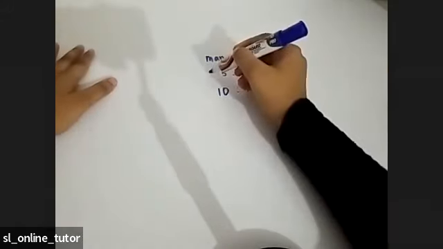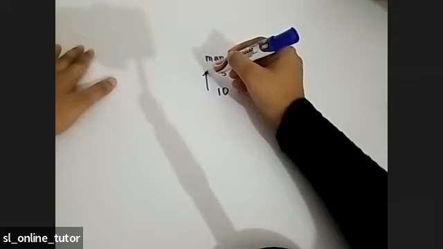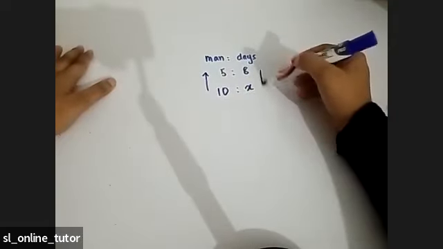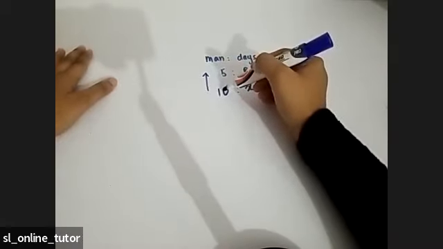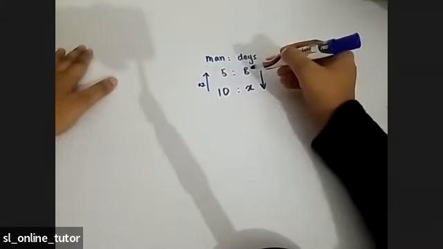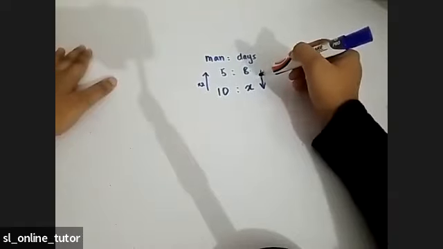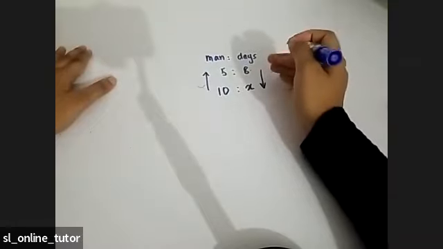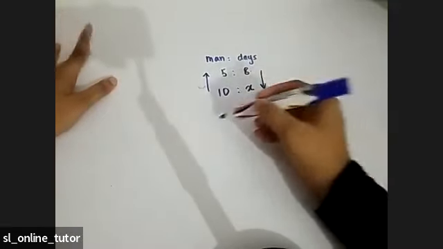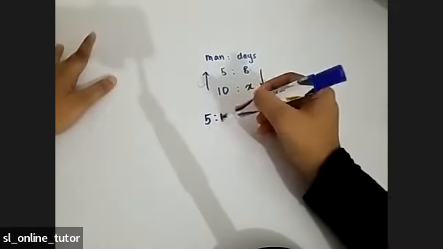Okay, you can see the number of men has increased. The number of days will surely decrease. Now you can see 5 has become 10, that is 5 times 2. So 8 should not be 8 times 2. It should be half of that. It should be division. So this is easy, but let's see how to do it methodically. Right, we can write 5 is to 10.